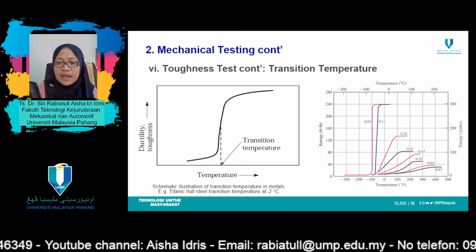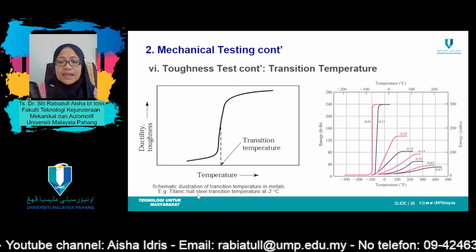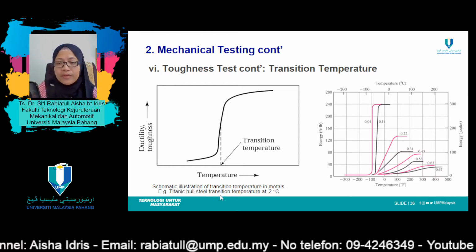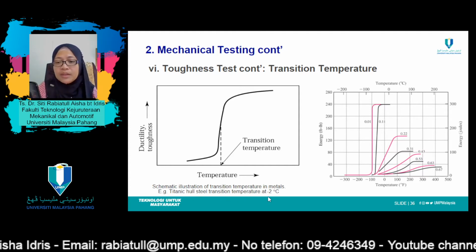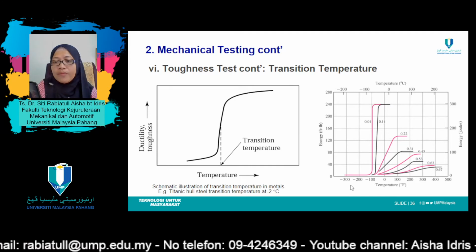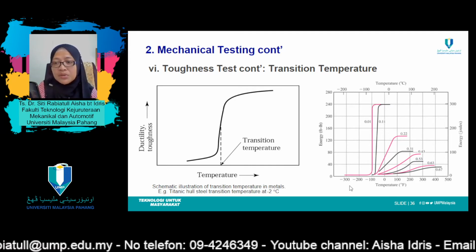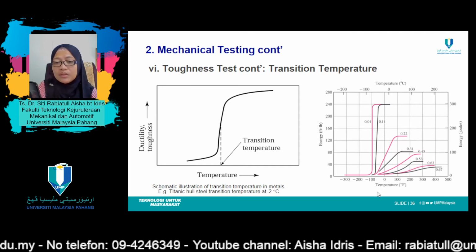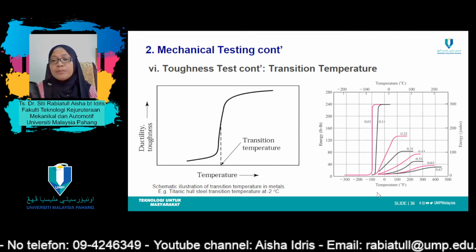Now let's look at the example of Titanic hull steel, which suffers the transition temperature at negative 2 degrees C. The red one refers to the temperature transition. The black one refers to the original profile.